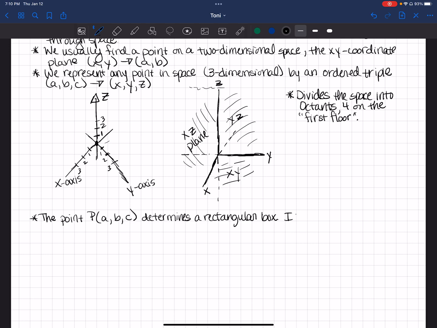If we drop a perpendicular from P to the XY plane, we get point Q. Okay, and this figure is actually on page, let me just a second.